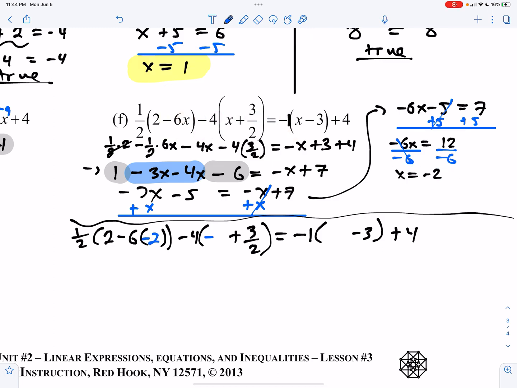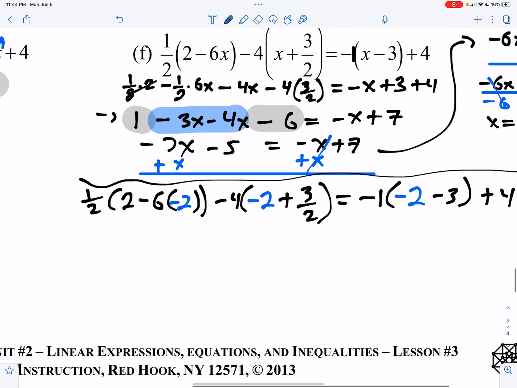So negative 2, negative 2, and negative 2. So let's clean this up. Over here, negative 6 times negative 2 is positive 12. So 1/2 times 2 plus the 12 would be 14.